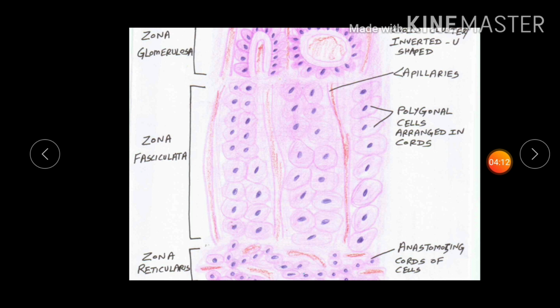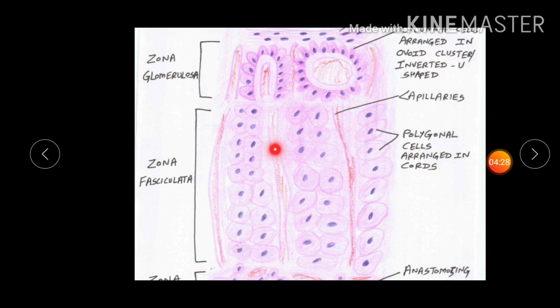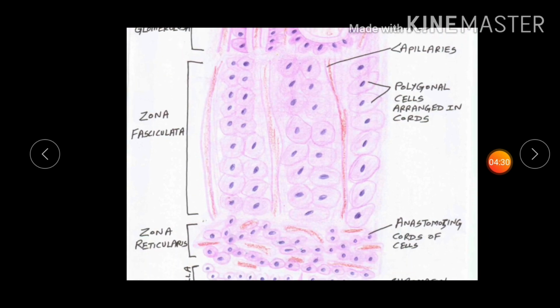As the name suggests, the cells are arranged in lines two or three cells thick. Polygonal cells are arranged in cords and separated by the capillaries.